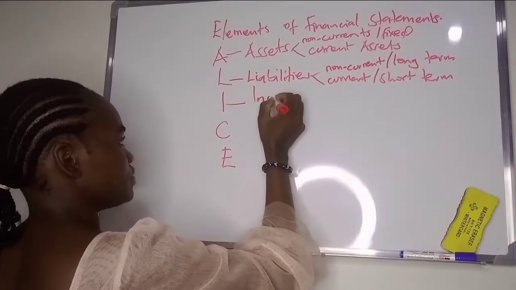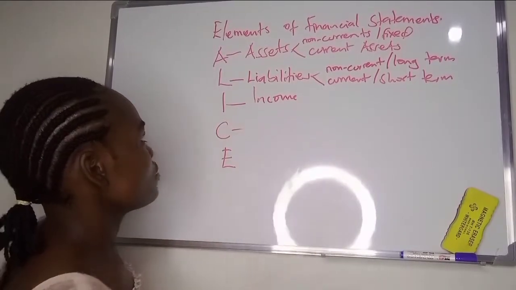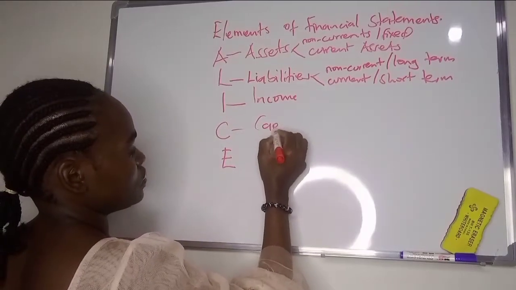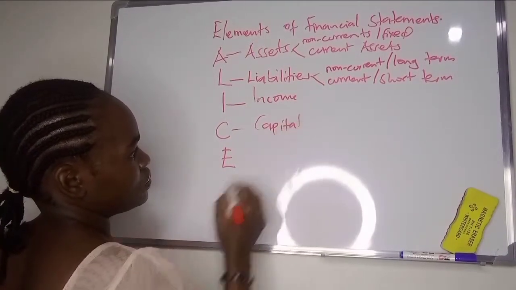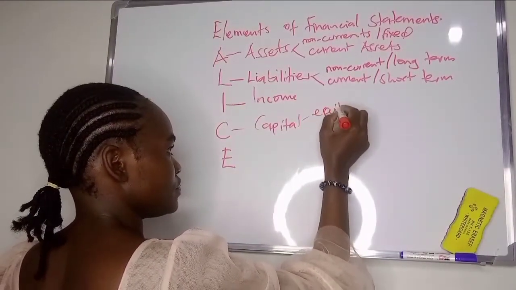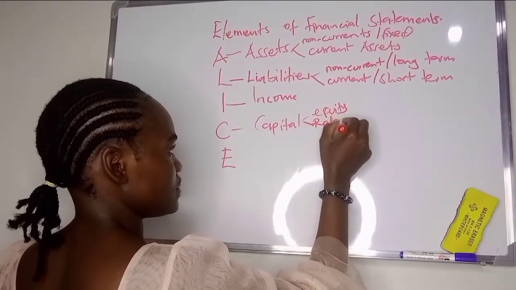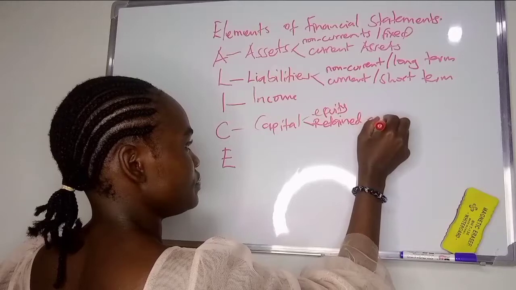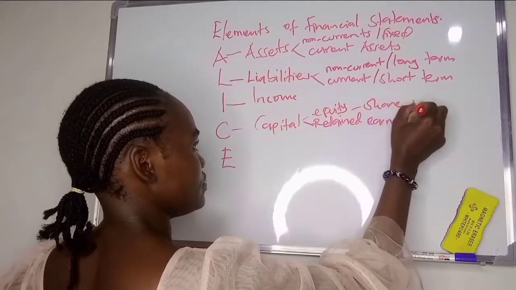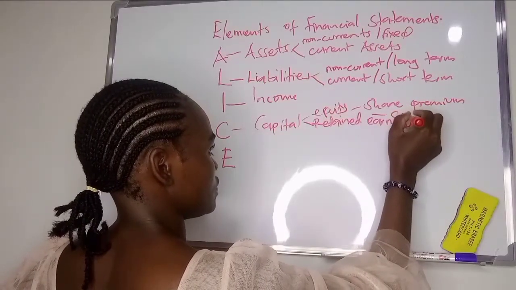I is for income, income to the business, like revenue. Then C is for capital. Under capital, we have things like equity, retained earnings, share premium, then capital reserve.